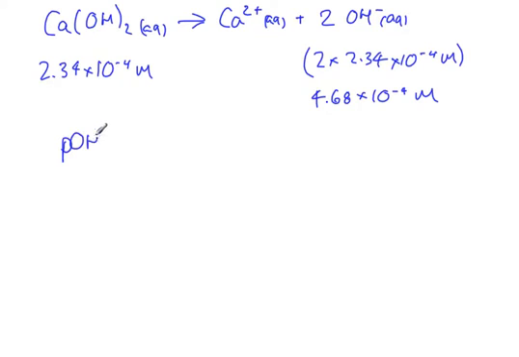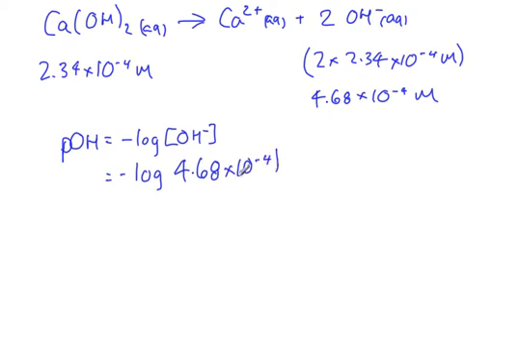So pOH equals negative log hydroxide ion. So that's negative log 4.68 times 10 to the minus 4 moles per liter. And that comes out as 3.330. So the pOH is 3.330.